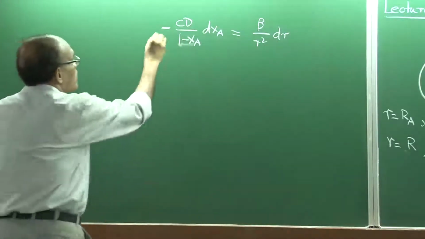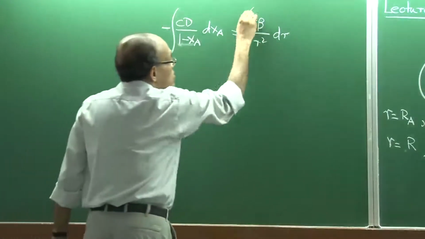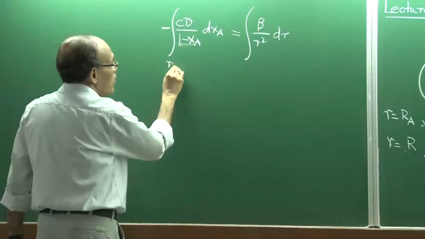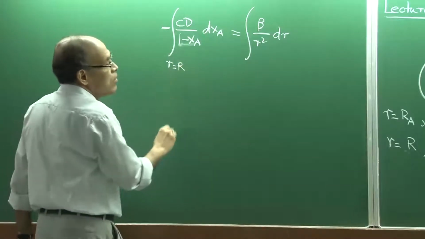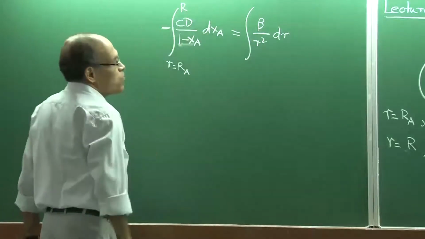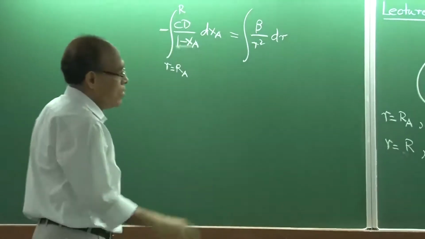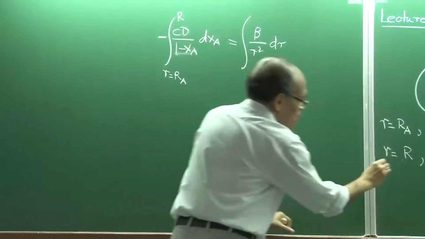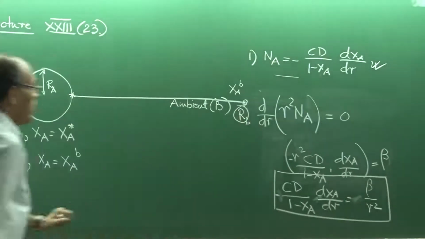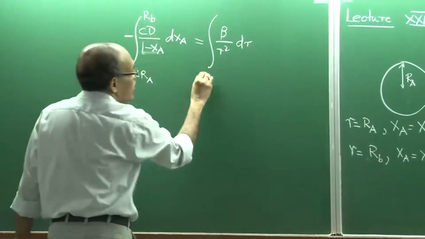Okay, and then we can integrate this. We can put the limit r from the lower limit r_A to the r value. Let us put it as R_B, because that will be easier. So this is R_B, radius R_B, and then this is x.